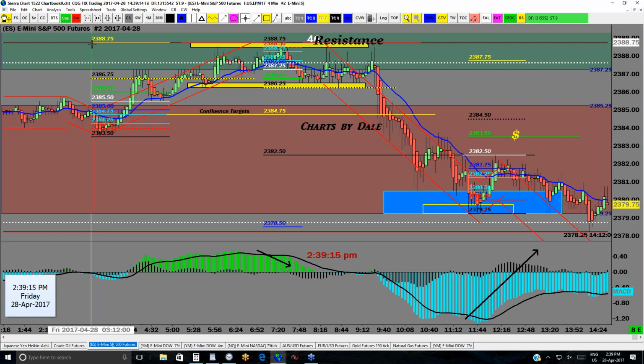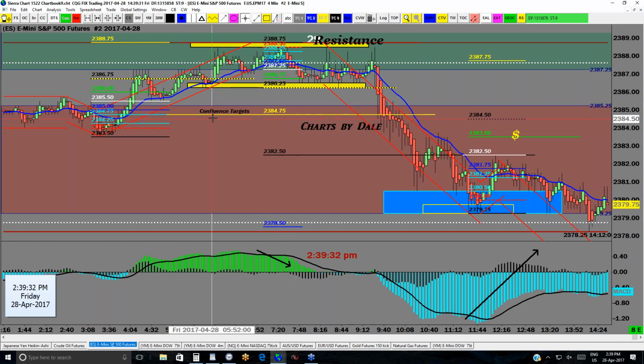We were targeting 2378 or 88 and 3/4, and we got 2388 and 3/4. How did we do that? Well, it's Fibonacci. Fibonacci helps us great.